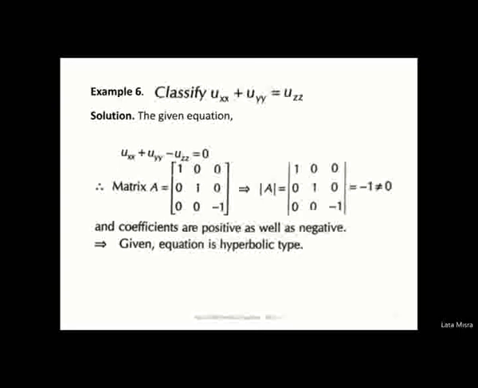So we write the coefficient matrix 1 0 0, 0 1 0, 0 0 minus 1, and we find the determinant of this matrix, which is equal to minus 1, and minus 1 is not equal to 0. So here we have positive terms as well as negative terms. So the given partial differential equation is hyperbolic.